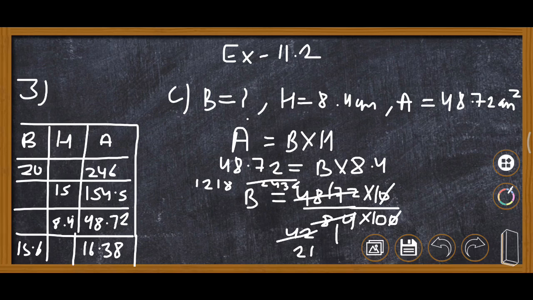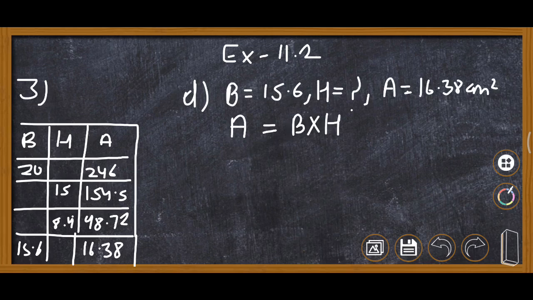Now these both can be cut by 21 directly. 21 5s are 105, 16 left, then 168, then 8s are 168. So the answer is 58 upon 10. So we can write it as 5.8 centimeter. So here you will fill 5.8 centimeter.